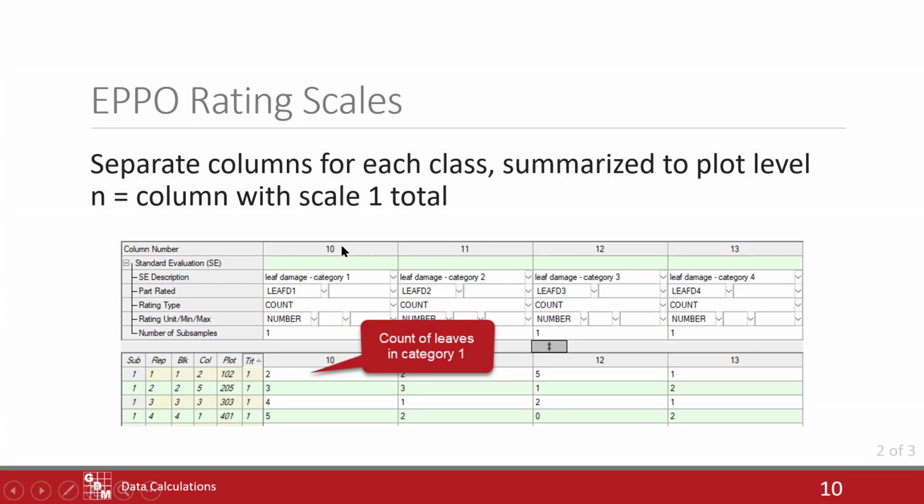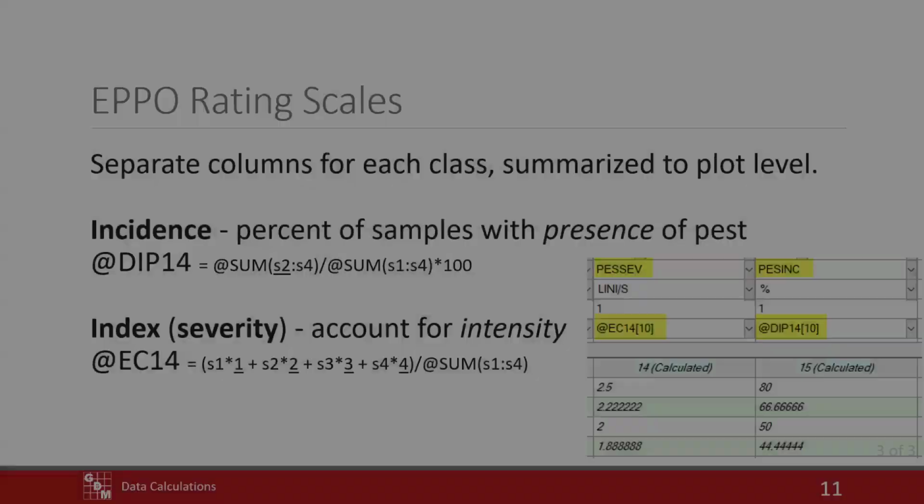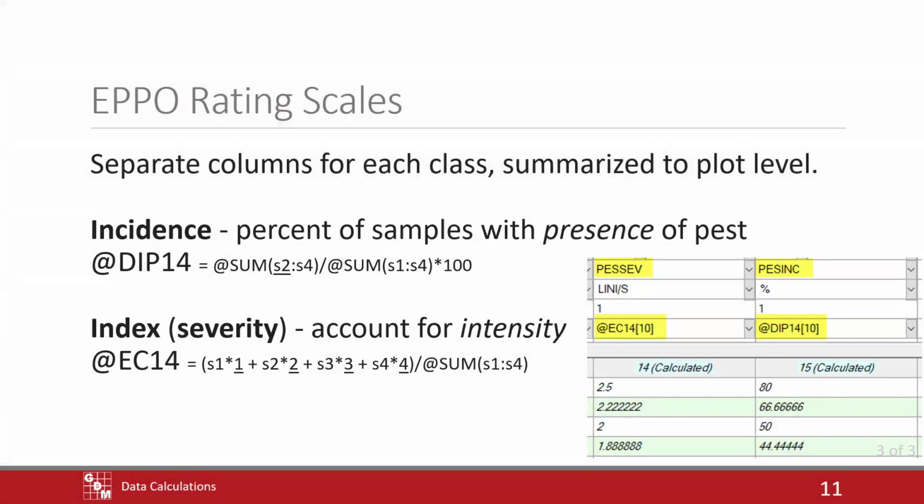ARM will then know, because we've structured this in this precise way, that it starts with number 10, and it knows that 11 is the 2s, 12 is the 3s, and 13 is the 4s, because we've done this consistently. That's why there's the whole manual on getting the data set up in this particular way: that is how the calculation is coded. So to calculate your percent incidence, we would use that code.